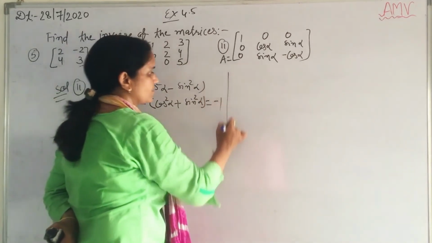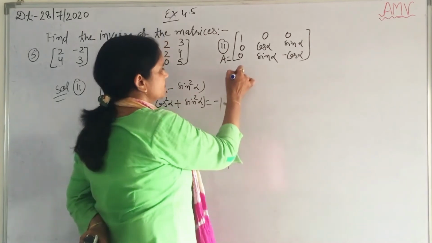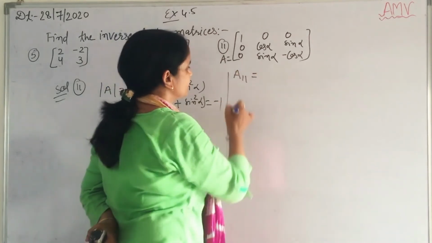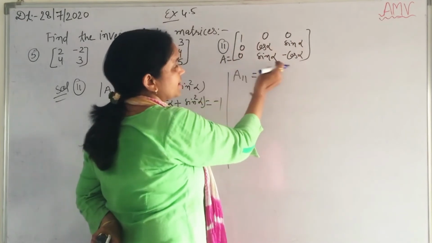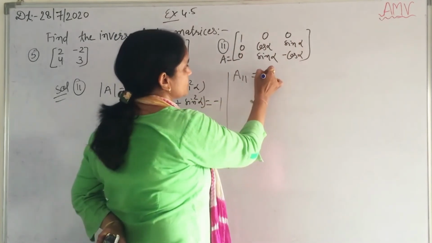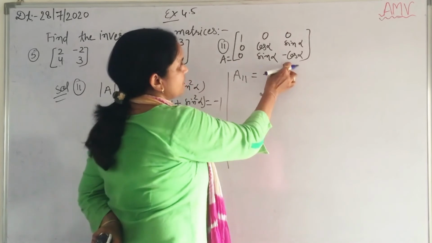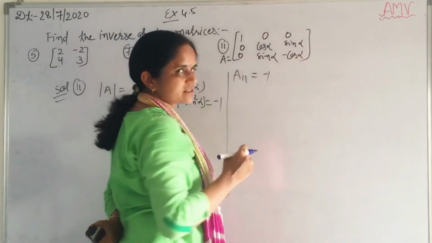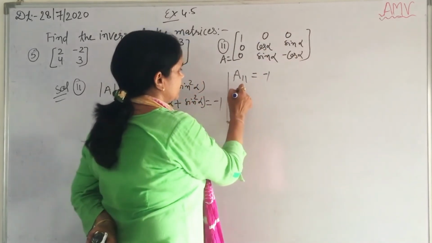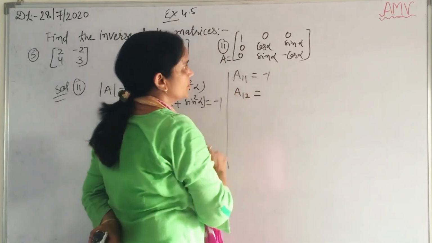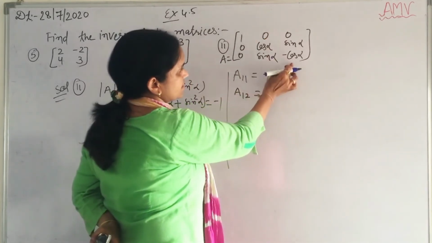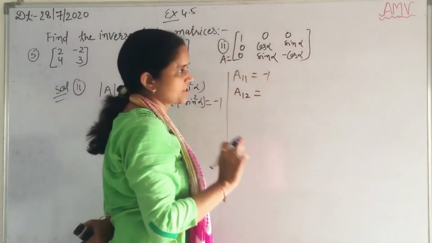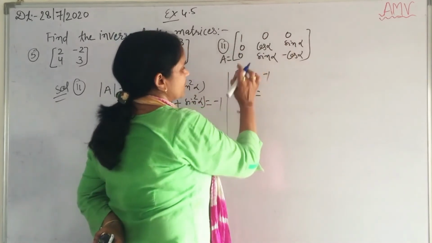Now find cofactors. First A11 cofactor for first row, first column, students, cancel. It is also minus 1. Says minus cos square alpha and minus sin square alpha. Here A12 is 0. First row, second column cancel. Cos alpha multiply with 0 and sin alpha multiply with 0.